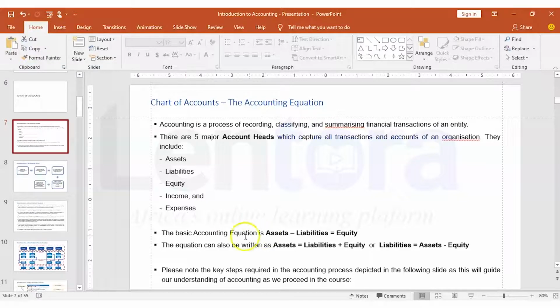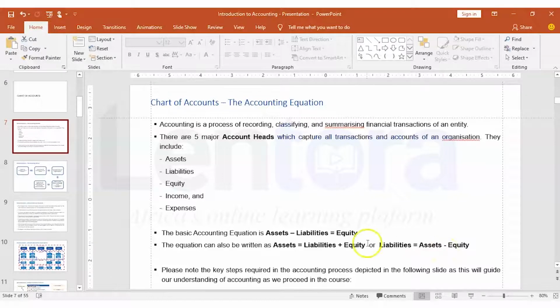And that's why the basic accounting equation states that assets minus liabilities equals equity. That equation can be rewritten as assets equal liabilities plus equity, or liabilities equal assets minus equity. It's basically just an interpolation.